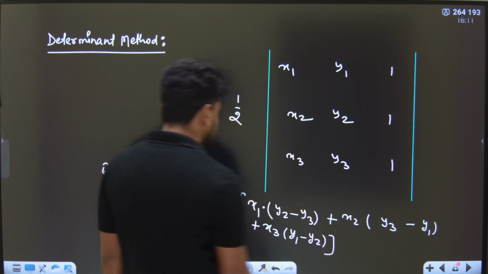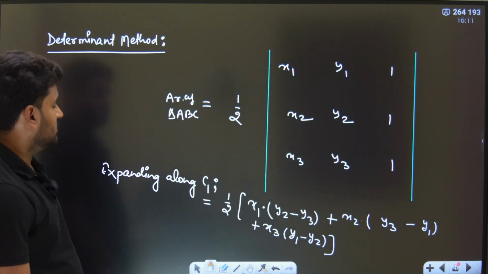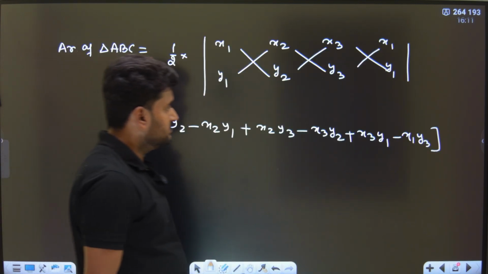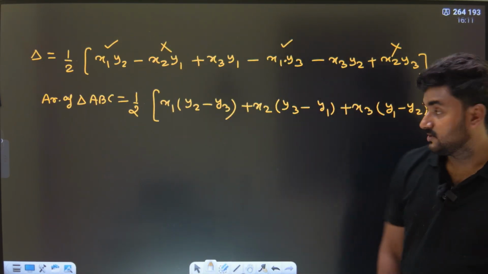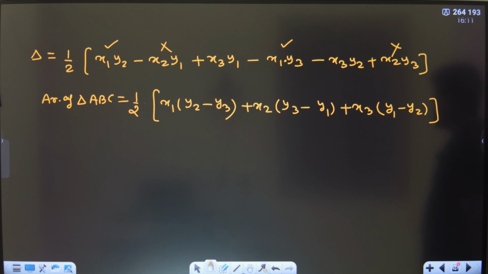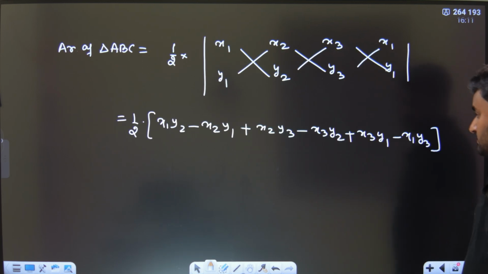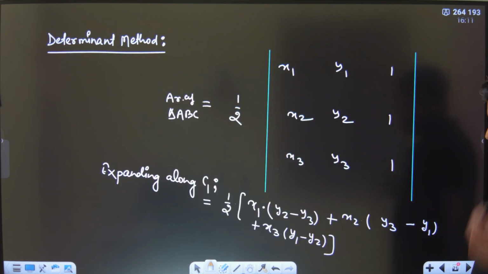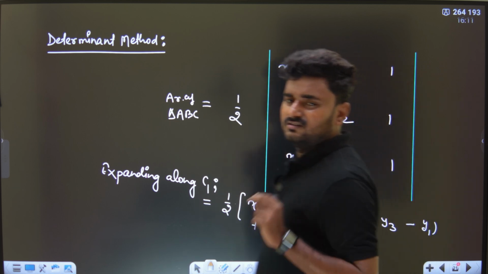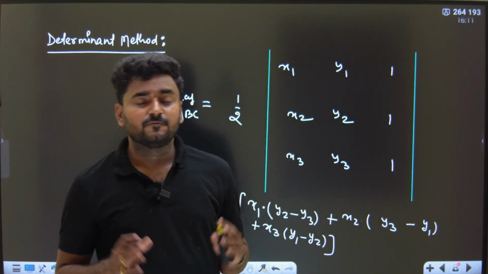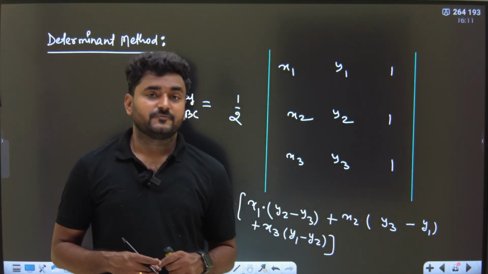So finally you can see again the area of triangle ABC is coming by using the same formula: x1 y2 minus y3 plus x2 y3 minus y1 plus x3 y1 minus y2. Understand? So these are the three methods to find the area of triangle.